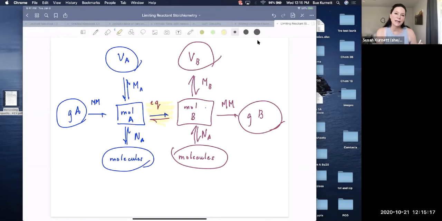It's kind of like if you're making a cake and you have 3 eggs and a lot of flour, and the cake requires 3 eggs, you can only make 1 cake. You might have flour left over. Very rarely do we have the right amounts of starting material to produce something. Usually one amount of starting material could produce more product, but we're limited by the other starting materials.